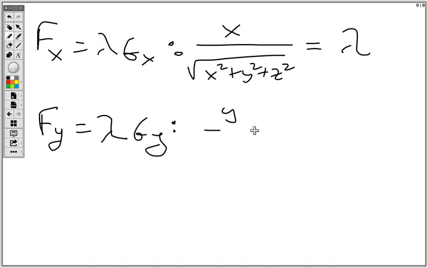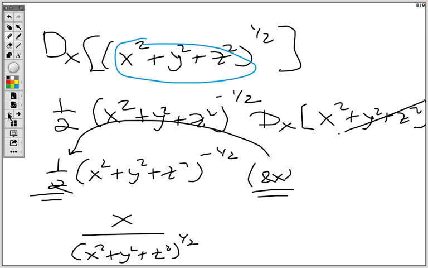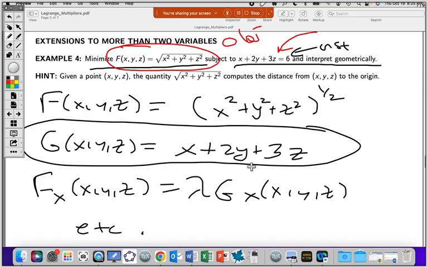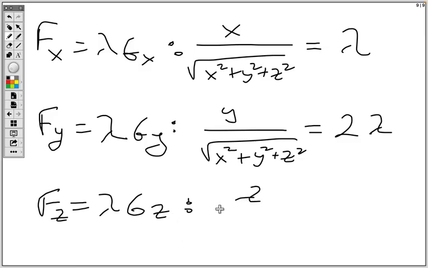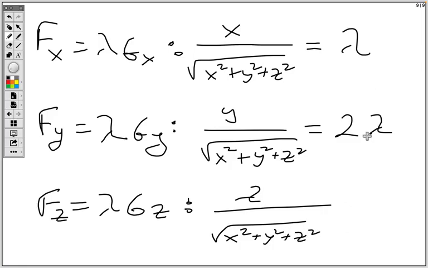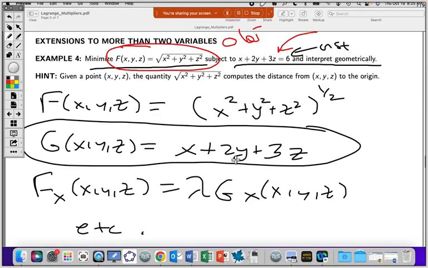Yep. Good. A y over that thing. And now this is going to be lambda times gy. Gy is going to be 2. So that's 2 lambda. And then finally we have fz is lambda gz. And so then that's just going to be a z up there. And that's going to be 3 lambda.